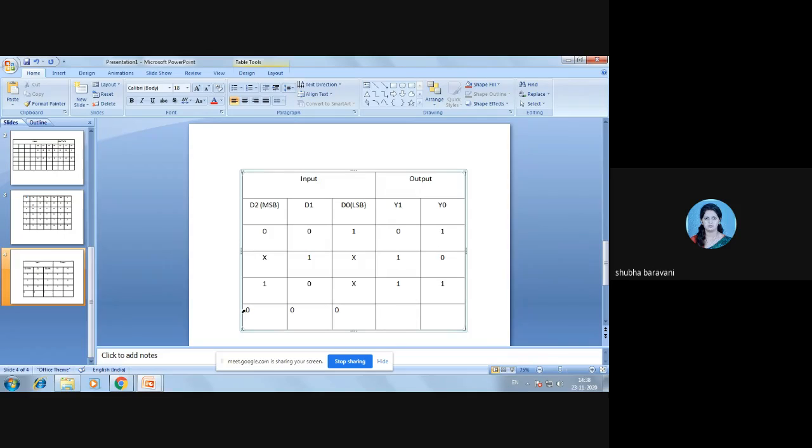Tell me for this, what would be your output? What would be my output for this? 0 0, ma'am. Not valid. Yes, it's not valid, so I'll write a 0 0.